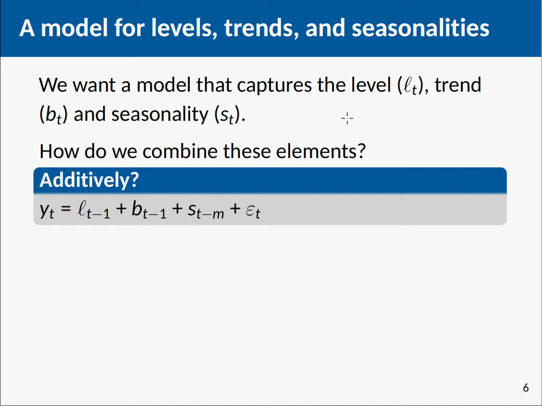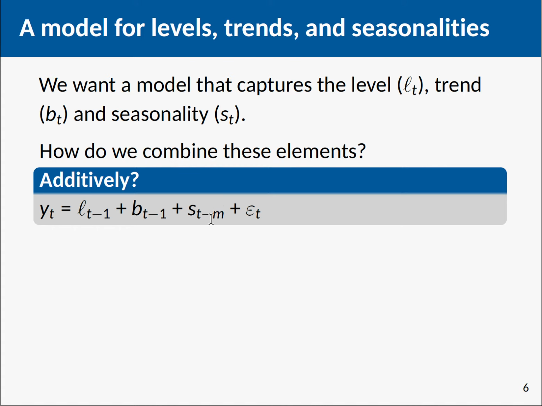So one way to think about this is that maybe we can add all of these elements up. So there's some underlying level to the time series, some trend, and some seasonality. And of course, there is something that we can't explain. So if we're thinking about YT as the time series, that would be equal to what the level is of the time series one period ago, plus the underlying trend one period ago, and the seasonal component.